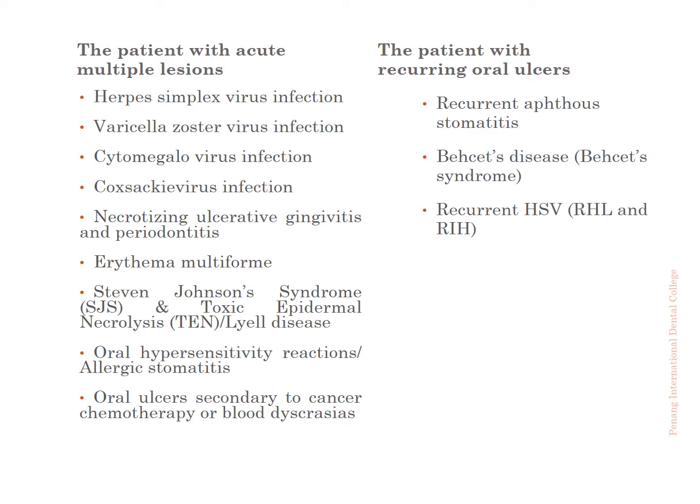For patients with acute multiple lesions, the examples would be herpes simplex, varicella zoster, cytomegalovirus infections, and Coxsackie infections. The first four are all viral infections. It could also be necrotizing ulcerative gingivitis and periodontitis, erythema multiforme, Stevens-Johnson syndrome, toxic epidermal necrolysis, also called Lyell disease, oral hypersensitivity reactions like allergic stomatitis, or oral ulcers secondary to cancer, chemotherapy, or blood dyscrasia.